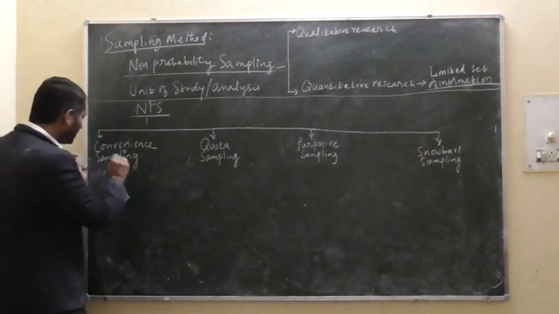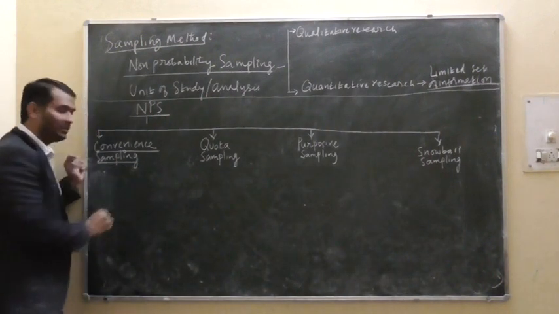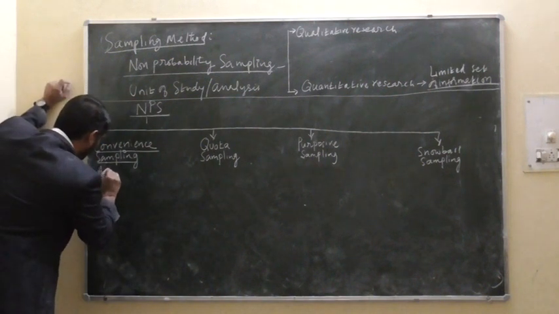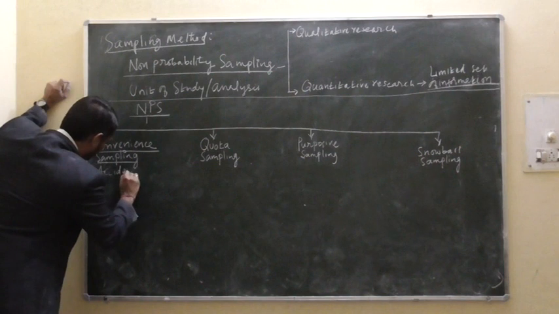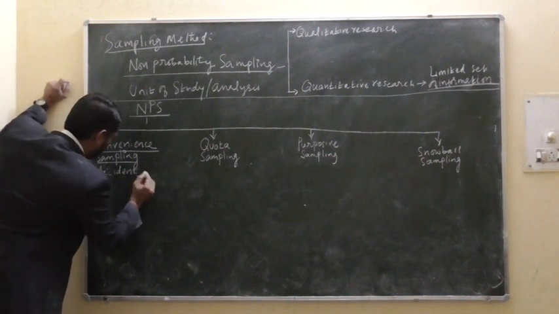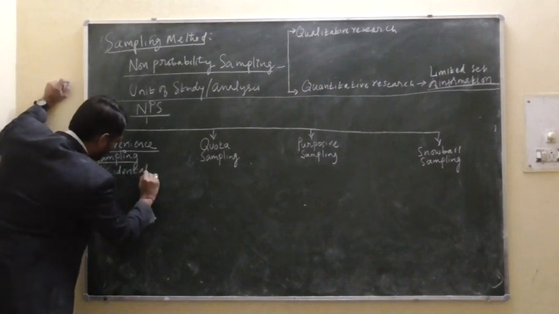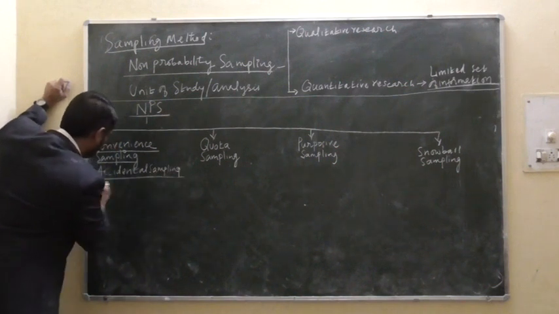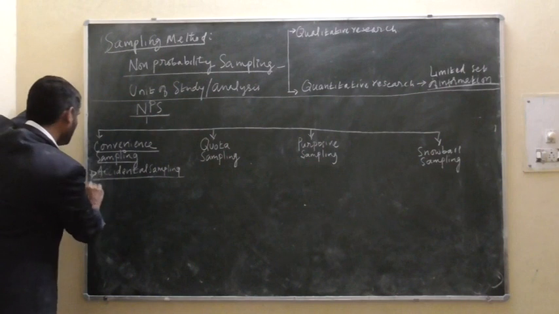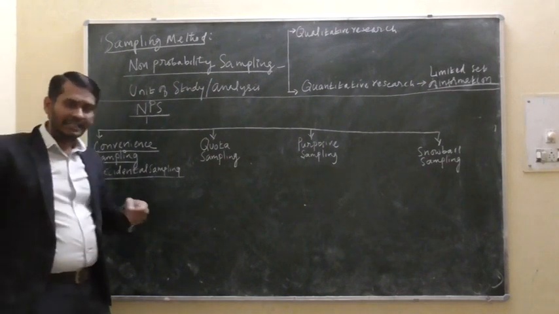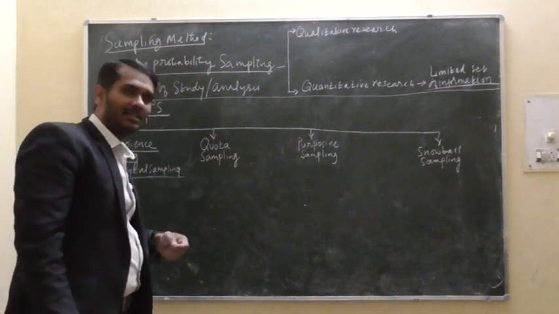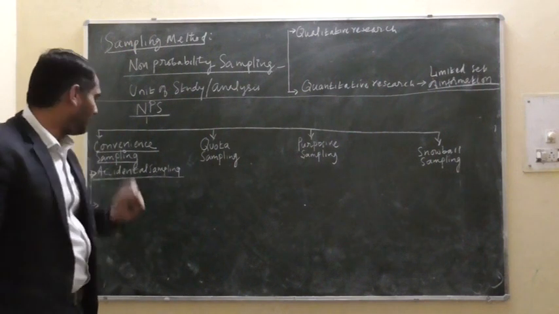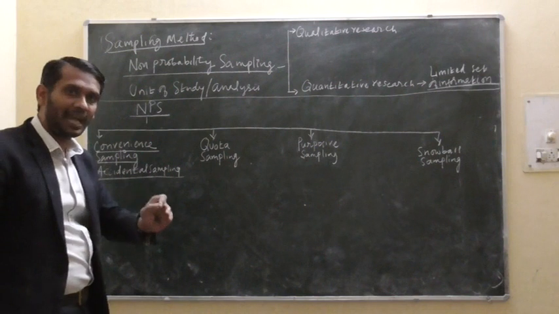What is convenience sampling? Convenience sampling is also said to be accidental sampling, which means that as a researcher, we pick the respondents based on the availability of a particular respondent at a particular point of time and space.